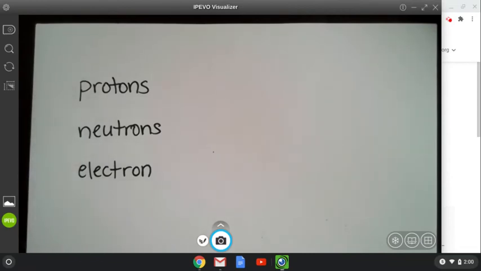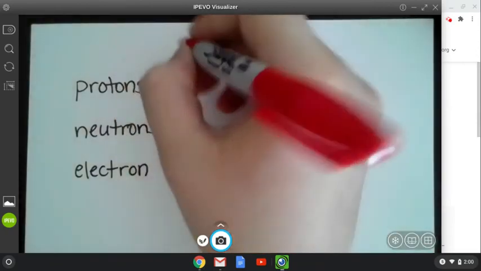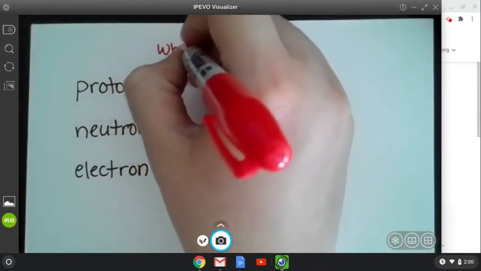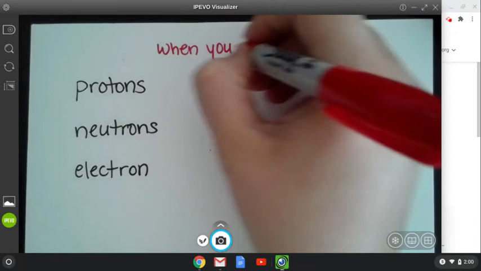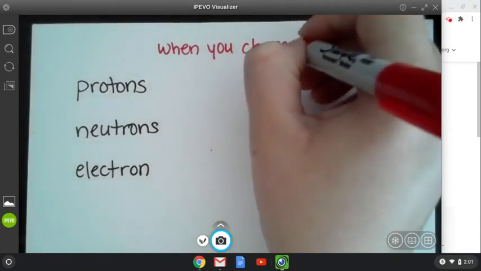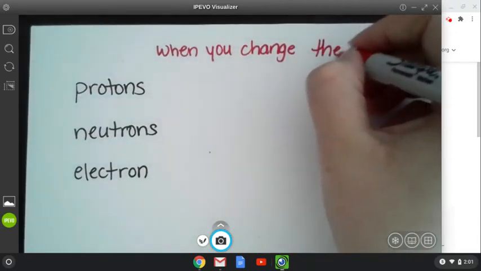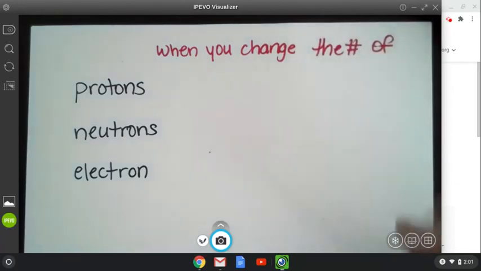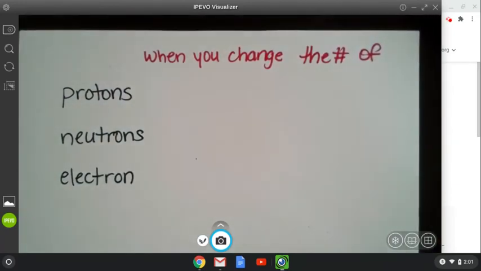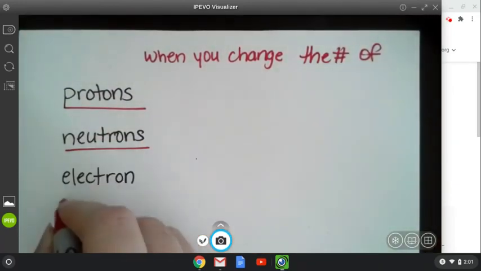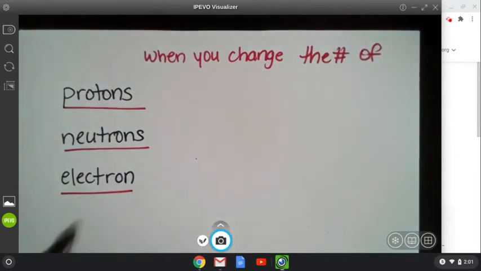So we're going to make a chart here. When you change the number of either protons, neutrons, or electrons, you're actually going to end up with something new.